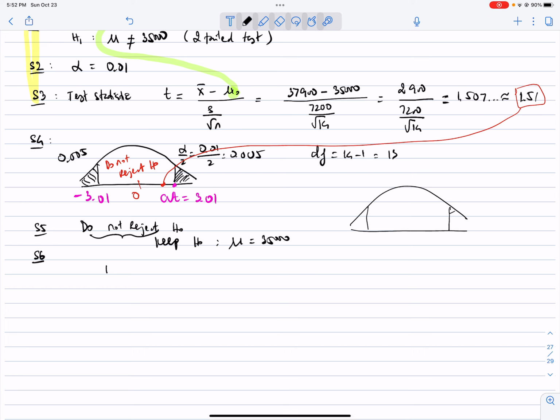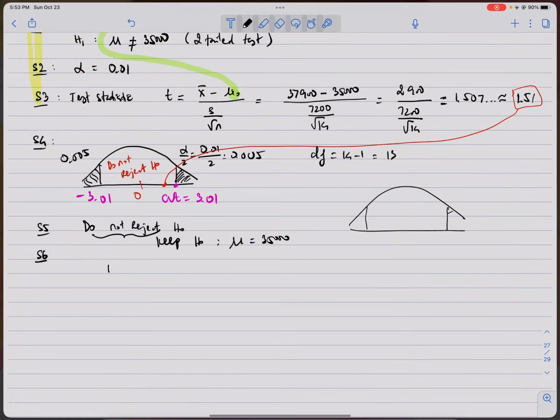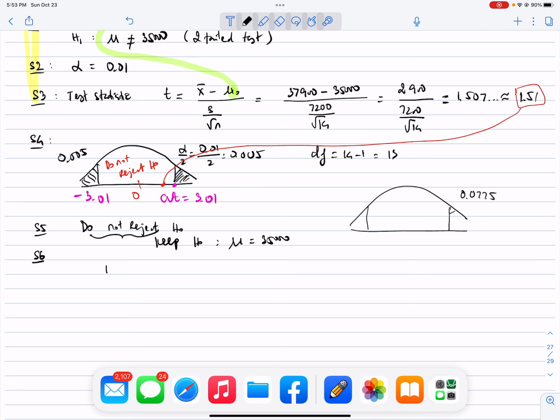And then we will input 1.51. Okay, so we get the p is 0.0775.